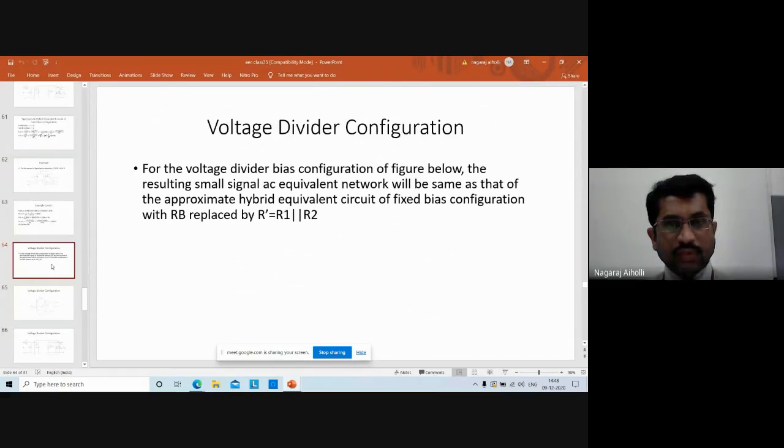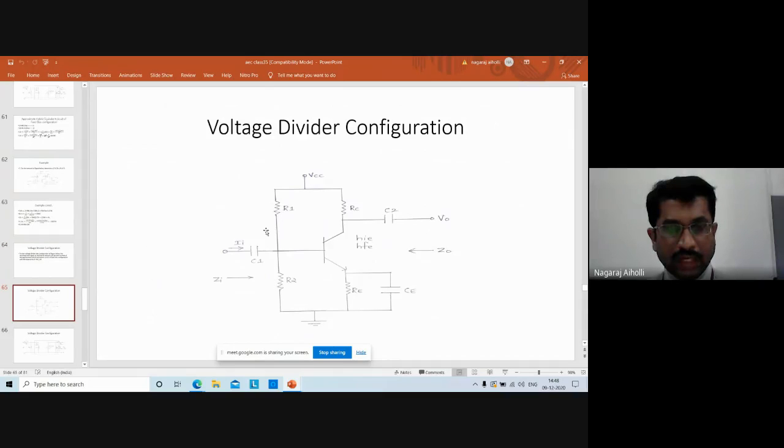In this configuration, RB is nothing but R1 parallel R2. This we have discussed many times. So in the fixed bias configuration formulas, wherever there is RB, if we replace it by R1 parallel R2, that will give all the formulas of the voltage divider bias configuration.